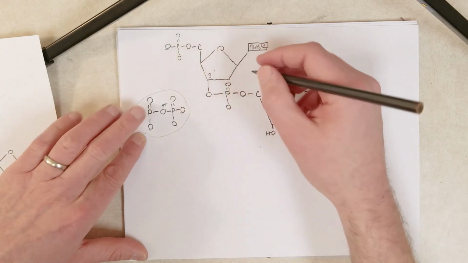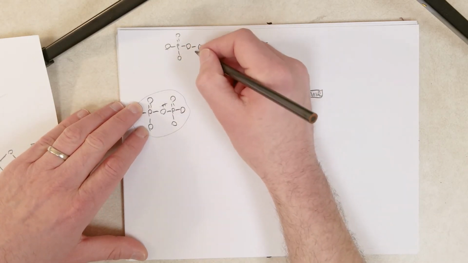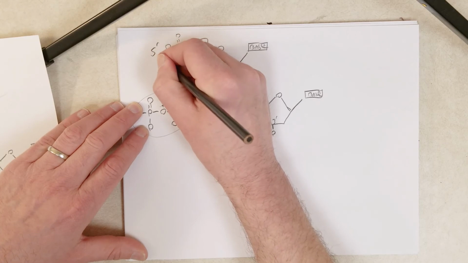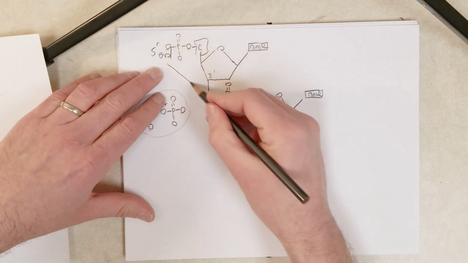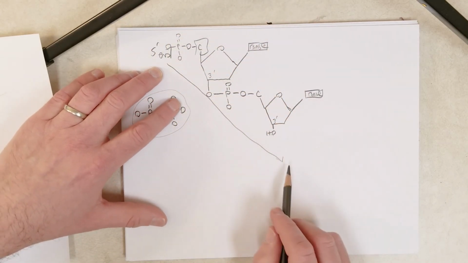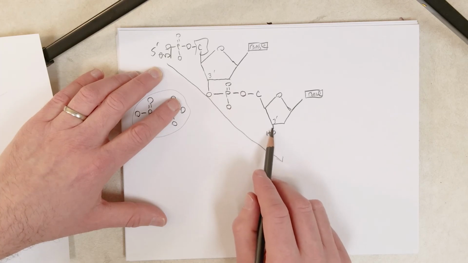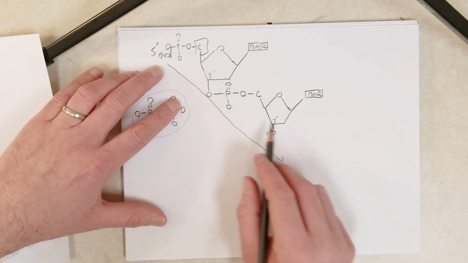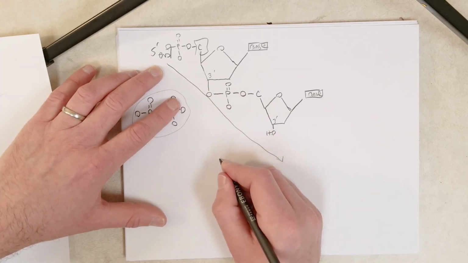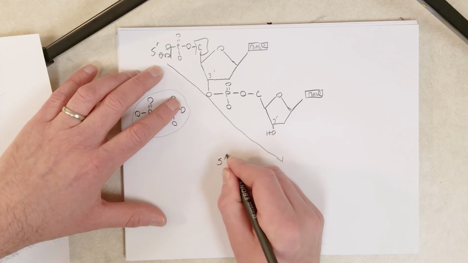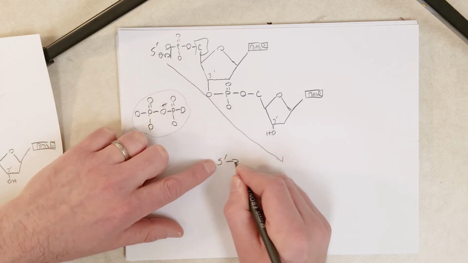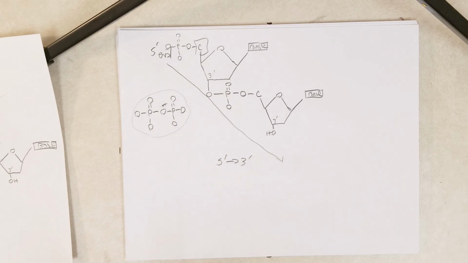So you can see we're moving from the 5' carbon right here, 5' end, in this direction. So we keep adding to the 3' end. So this is one reason why we can call the direction of synthesis as occurring in the 5' to 3' direction.